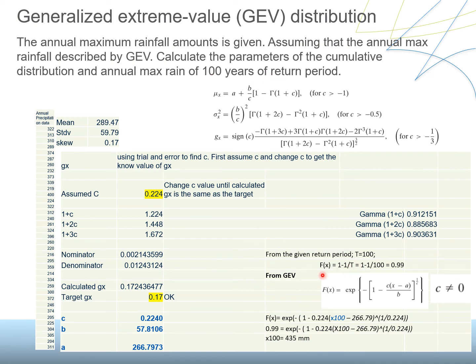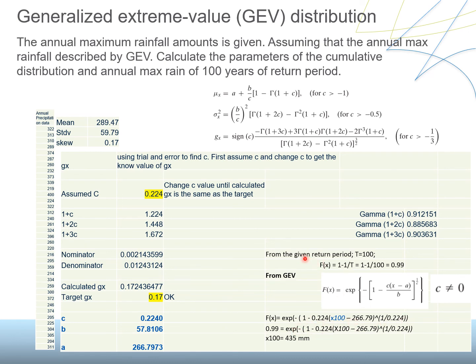So what we need to do is find the cumulative probability, because this equation gives the cumulative probability, and we are looking for the exceedance probability. So you just substitute the values and you get the probability.